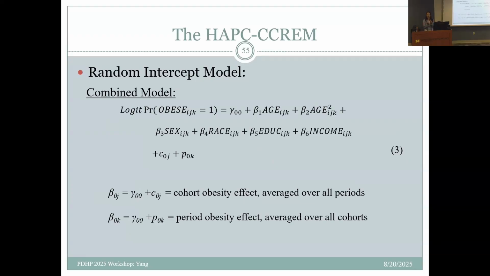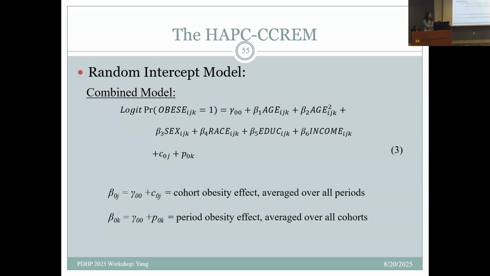Equation 3 is just putting equations 1 and 2 together, and you write out the combined model here, where the first 2 rows are the fixed effects, age, sex, race, education, income, as they always were in equation 1. And the last component is the random part of the model, where we estimate the cohort effect and period effect.